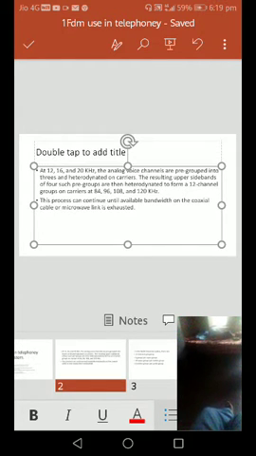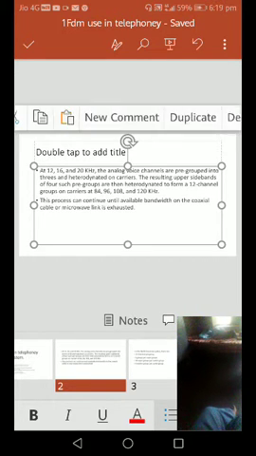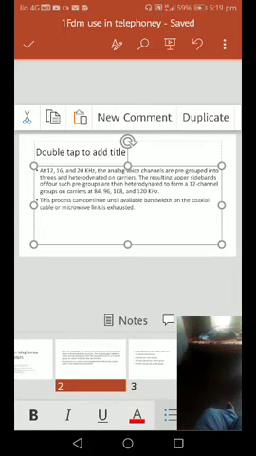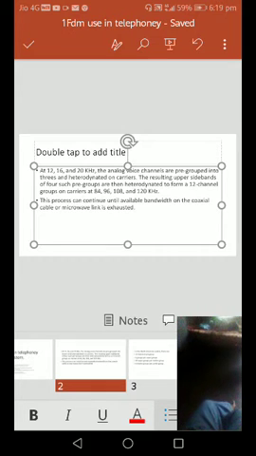This process can continue until the available bandwidth on the coaxial cable or microwave links is exhausted.